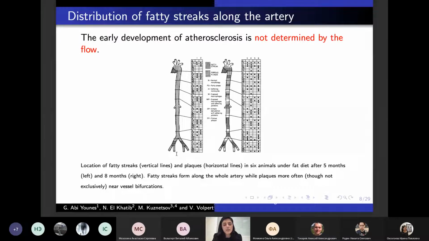In fact, it is research done over the arteries of 6 animals. Because we do not have a lot of information about the formation or the location of fatty streaks, we rely on this research.